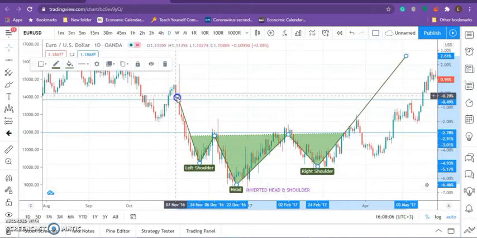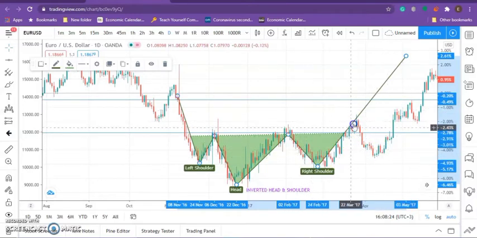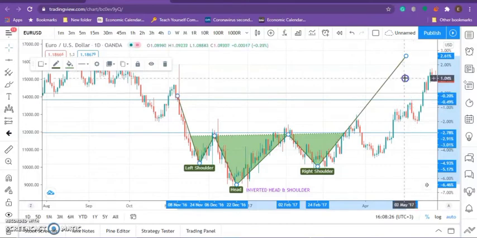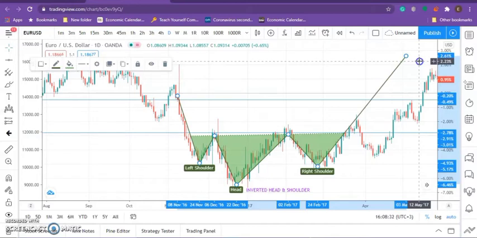And so I begin by saying that if you have spotted this structure and you are an amateur, I would advise you to wait up to the right shoulder. As you can see, it will retrace and form something else we call a cup and handle pattern, which will push it to climb and leave a bullish sentiment on the markets.